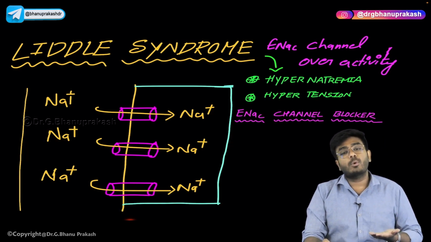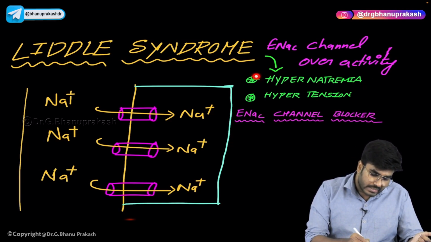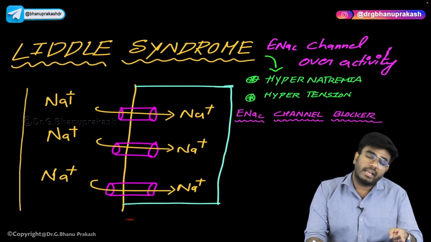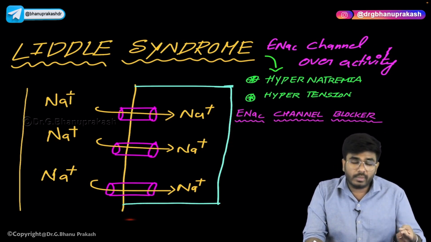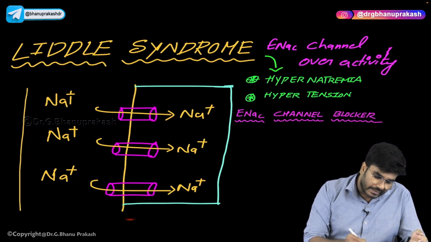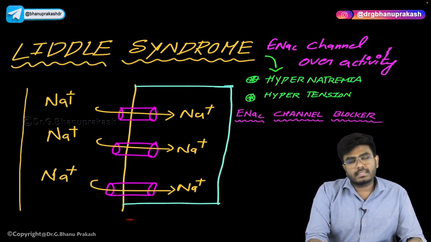They are going to be abnormally elevated, causing hypernatremia. So Liddle syndrome patients will have hypernatremia. Whenever you have so much sodium in your blood, that will cause hypertension. It's basic, right? So hypernatremia and hypertension are the clinical features which can be seen in Liddle syndrome patients.